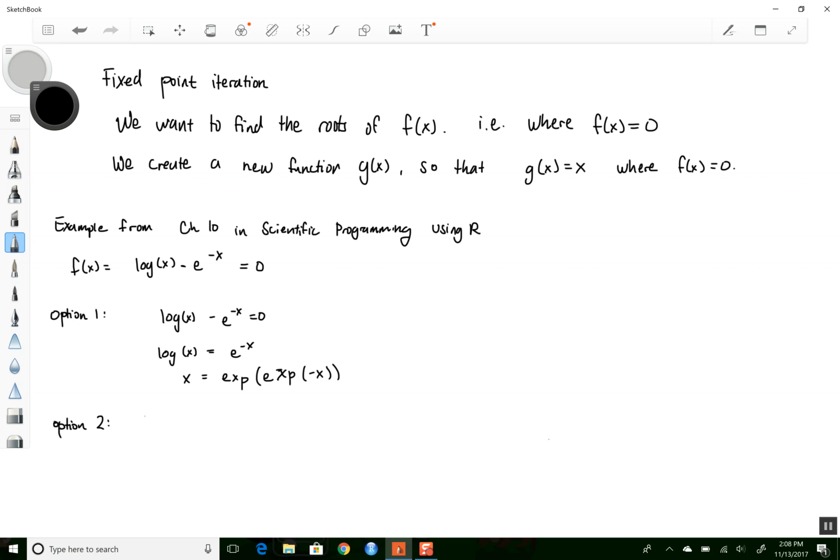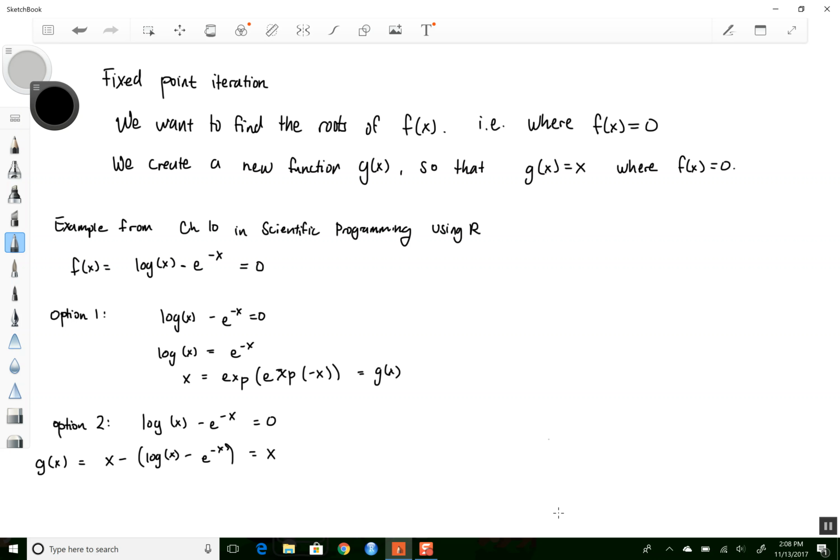Option 2 is we start off with log of x minus e to the negative x is equal to 0, and then we would set this equal to g of x over here. Another one is we could just do this entire thing, x minus the left-hand side, equals x minus 0, and then we would set this equal to g of x.